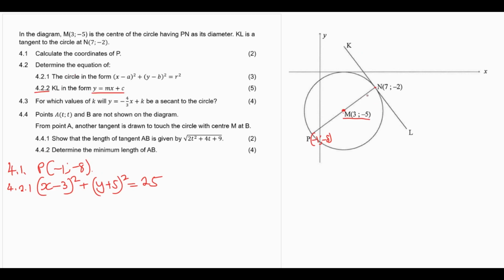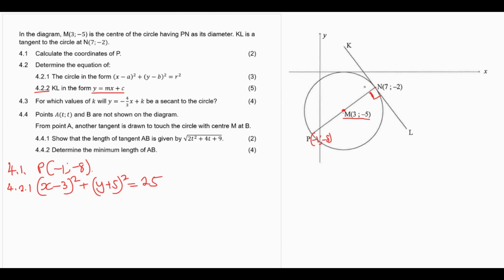Right, what do we know about the tangent and the radius? They are perpendicular to each other at their point of contact. So here, this is the point of contact N. So it means that MN or PN is perpendicular to KL. And then we know that the gradients of perpendicular lines are negative reciprocals of each other.